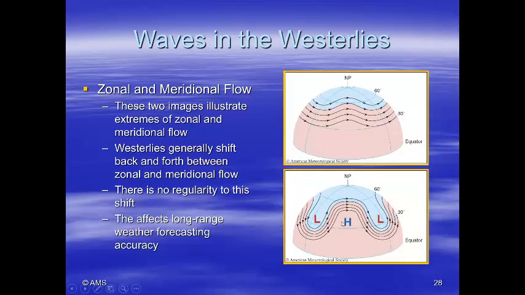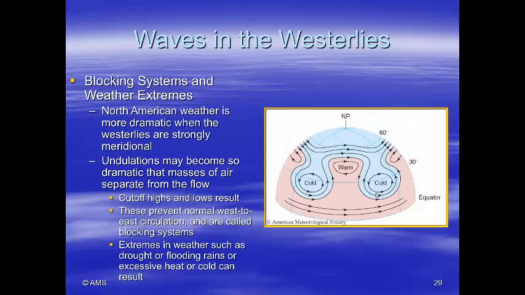So what we see are highs being formed here and lows being formed here, and we get these waves that occur. Occasionally a blocking system occurs and we'll get weather extremes. So North American weather is more dramatic when the westerlies are strongly meridional.